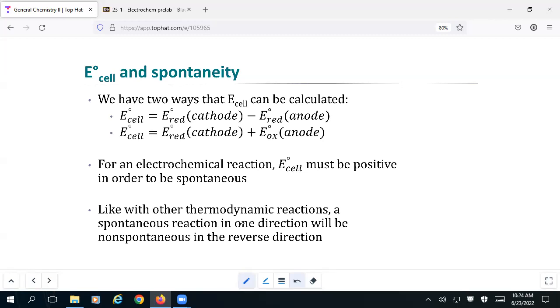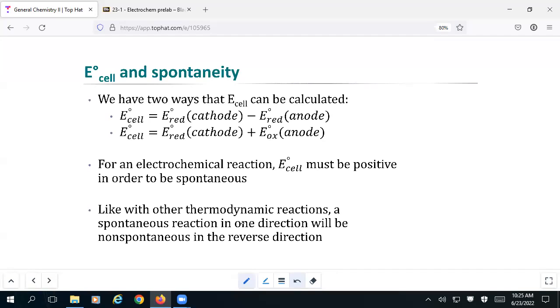Because all you do is you take that half reaction and you flip it around because it's oxidation, and you flip the sign because if you flip the equation, you should flip the sign, and you add the two together, that gives you the E cell. So really it comes down to what makes sense for you, what works for you. The net interpretation is the same.